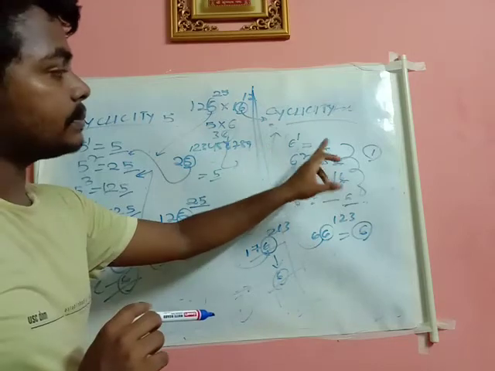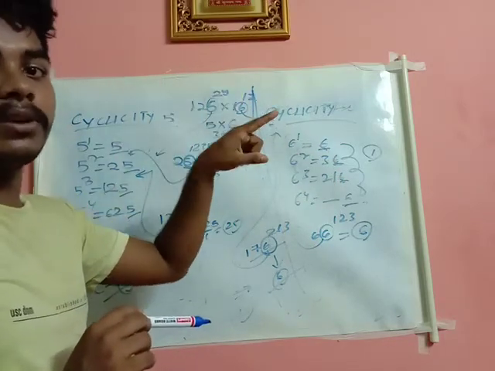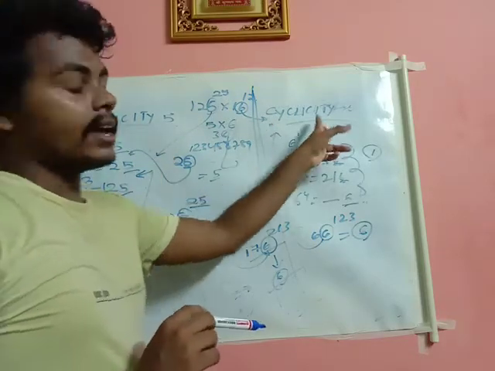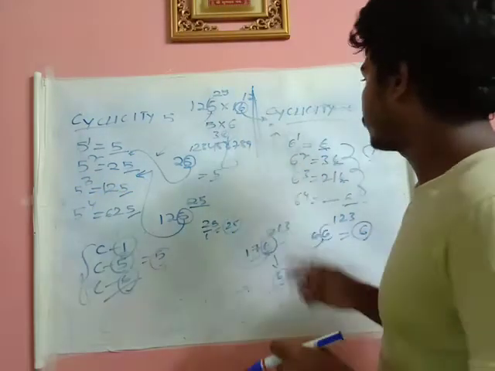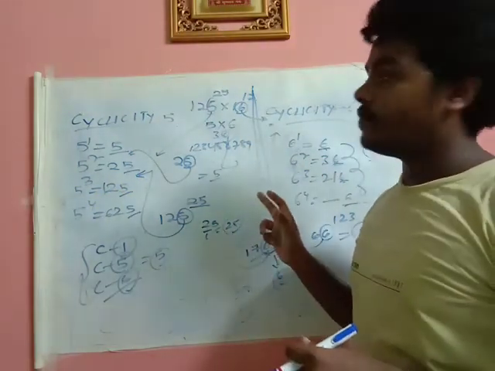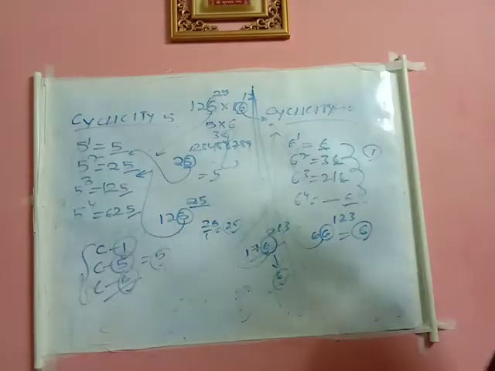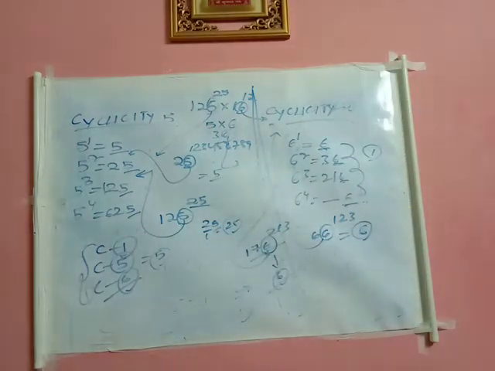That is, irrespective of the power, when coming to the cyclicity of 1, the unit digit is 1. When coming to the cyclicity of 5, the unit digit is 5. When coming to the cyclicity of 6, the unit digit is 6. So this is the way. Just remind yourself of this. If you have any doubts, put them in the comment box. Pause the video and write all these things down.